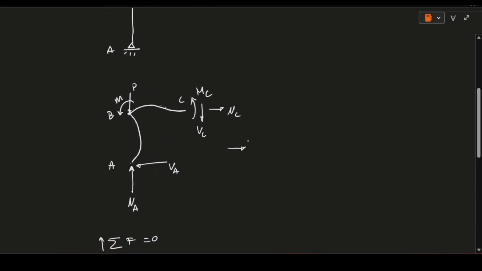And to show that there has to be a moment there, we can draw a little moment diagram of the frame. So we have AB there and BC here.